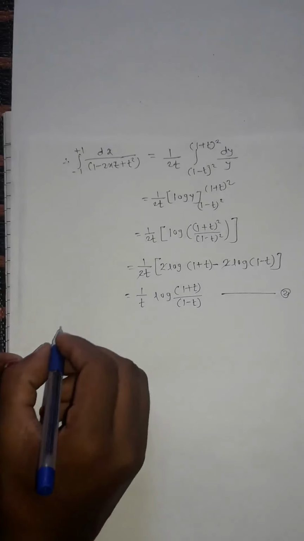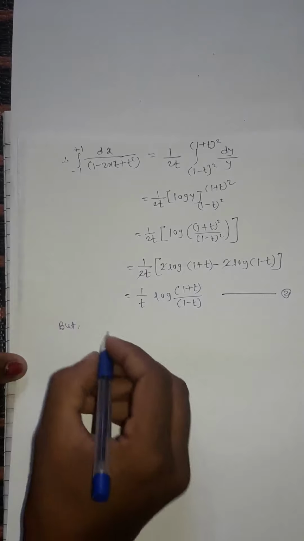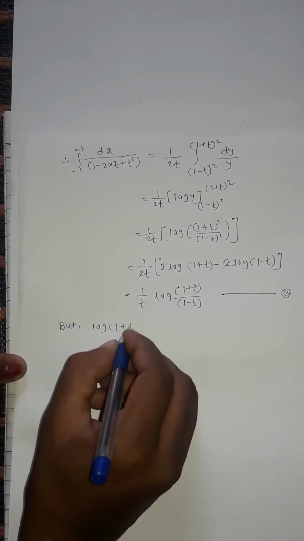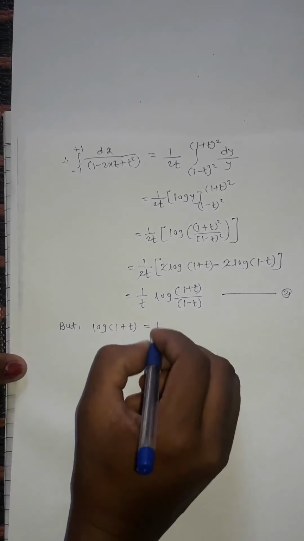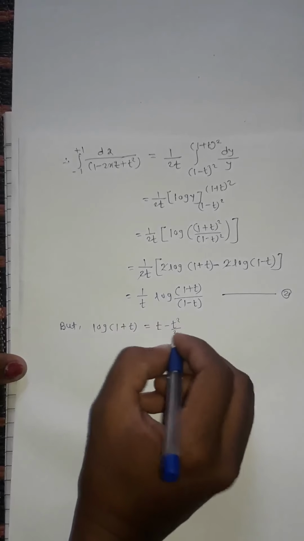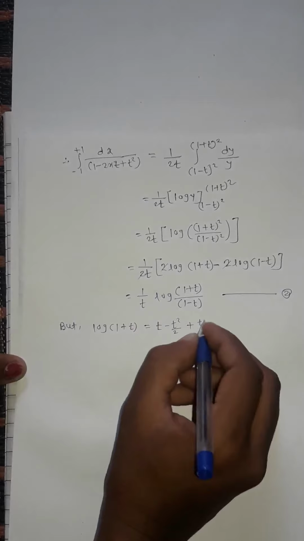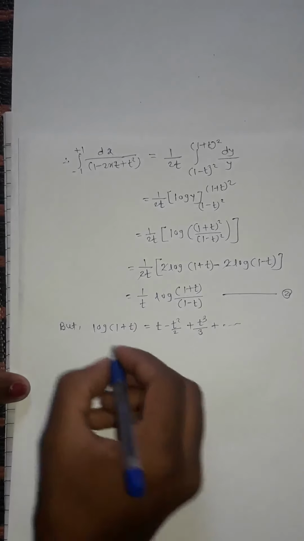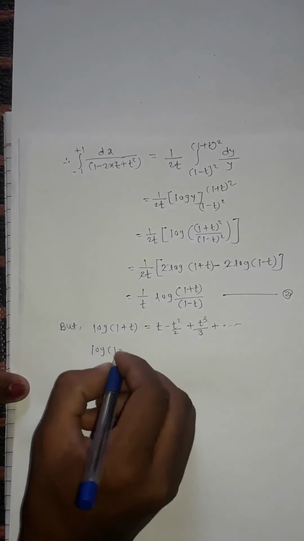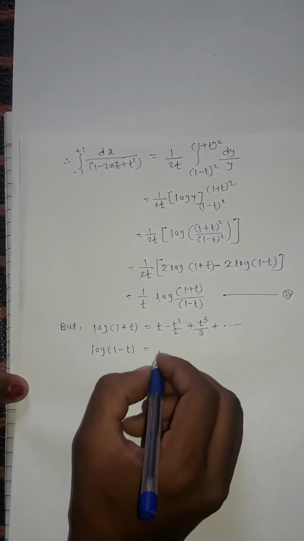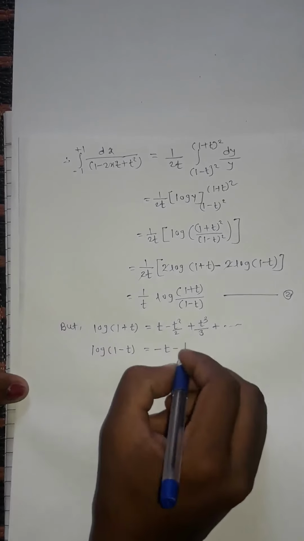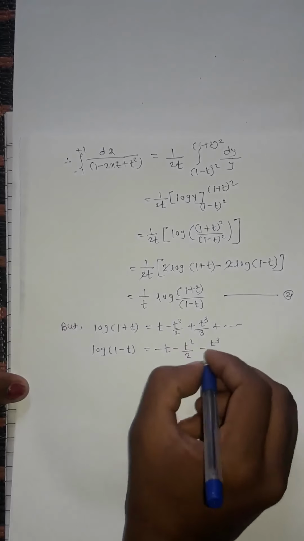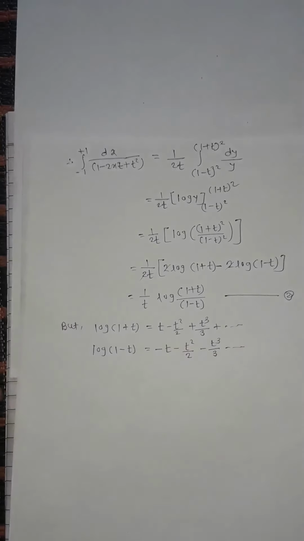But the series of log of 1 plus t is equal to t minus t square upon 2 plus t cube upon 3 and so on, and log of 1 minus t is equal to minus t minus t square by 2 minus t cube upon 3 and so on.